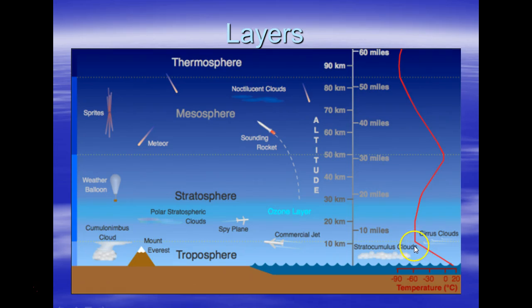And as you can see here, the further we get up, the higher away from Earth's surface we get, or the further away we get from Earth's surface, the cooler it is. That's what that's showing. So the trend in the troposphere is temperature is decreasing as we go up away from Earth's surface.